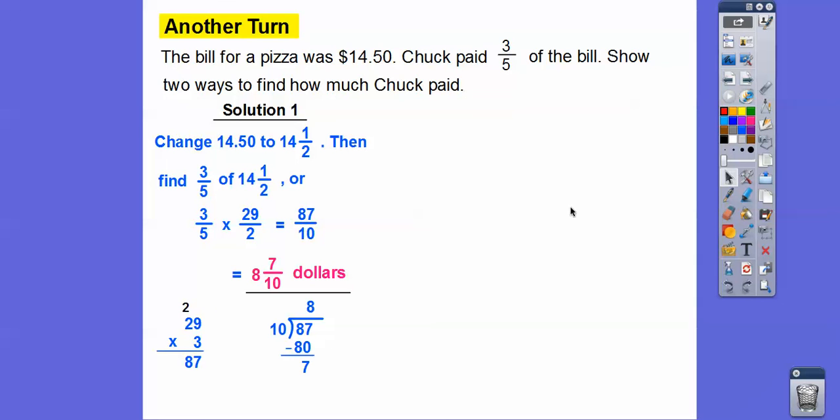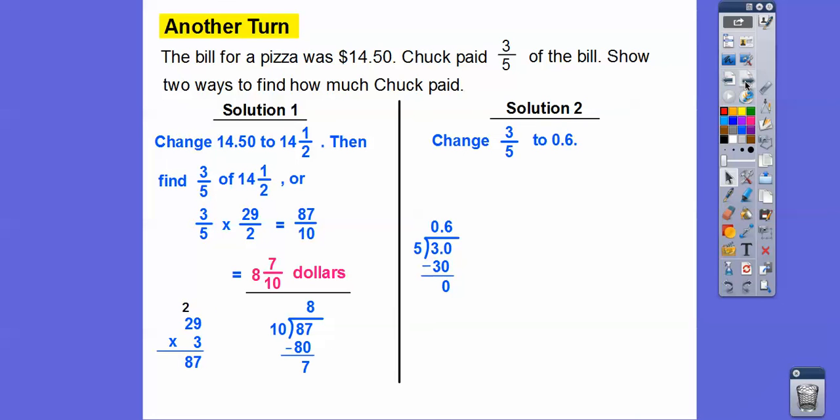Okay, so how much is that money-wise right there? Well, here's another way. We can change 3/5 to 0.6, and here I did that right here. Divide the bottom into the top, add a decimal on top right there, and then 5 goes into 30 6 times, but it's after the decimal, so it's 0.6 right there. All right, so then we find 0.6 of 14.5, which just means 0.6 times 14.5.